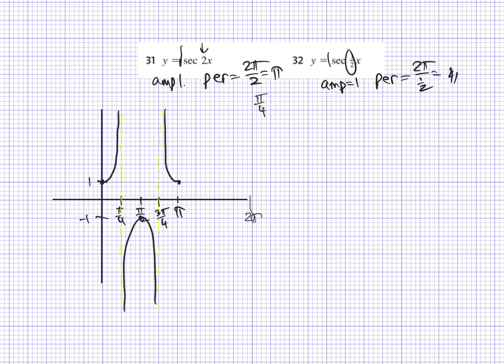Now, number 32, our amplitude, again, is 1, and our period is 2 pi over 1/2, which is 4 pi. We divide that into fourths. Every hash mark is a pi. All right, let's draw it. We're not shifting at all. So again, it starts at 0 and technically at 1 because cosine starts at 1. Every increment, we'll just make that pi, 2 pi, 3 pi, and 4 pi.